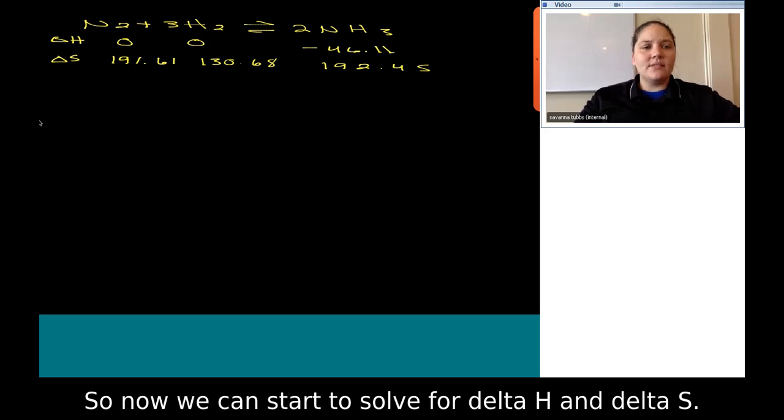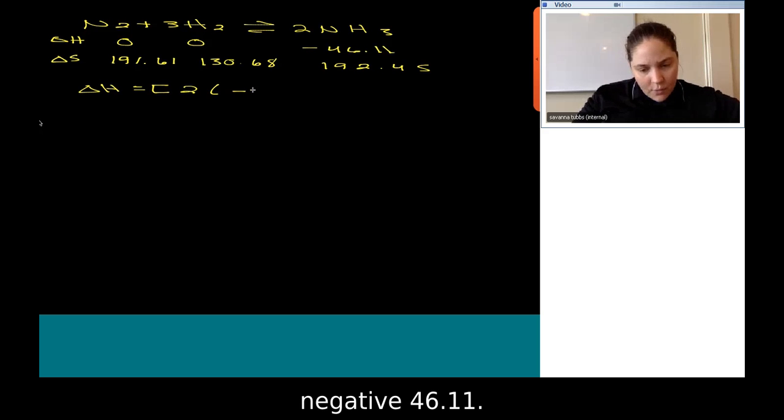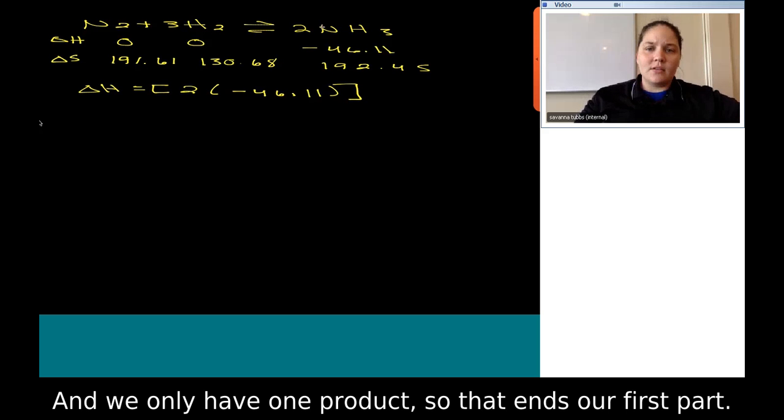So now we can start to solve for delta H and delta S. So let's do delta H. So delta H equals our product, so 2 times negative 46.11. And we only have one product, so that ends our first part.